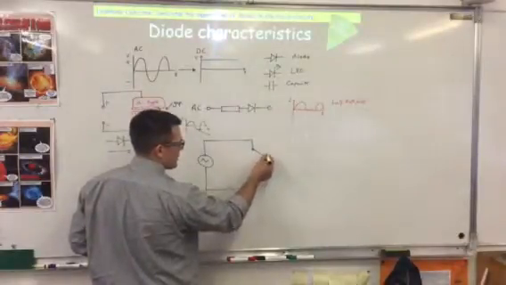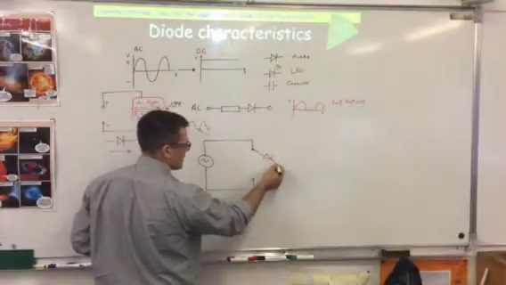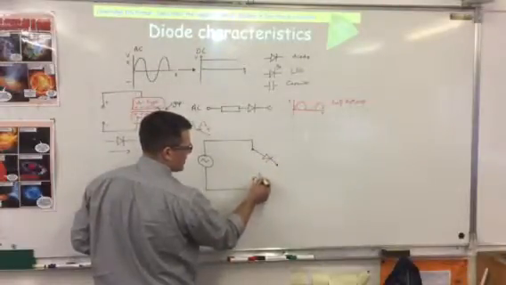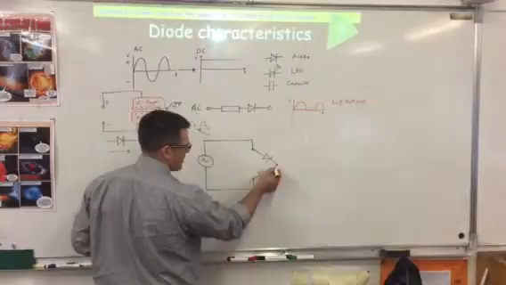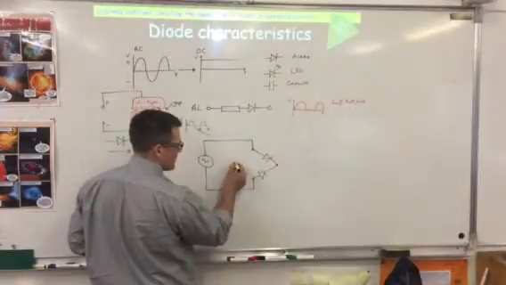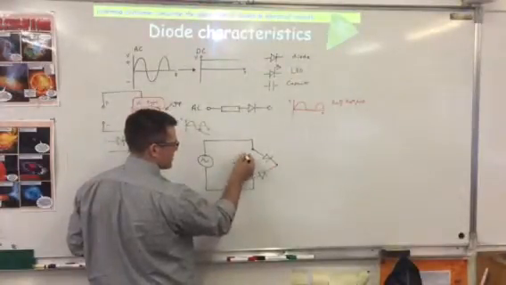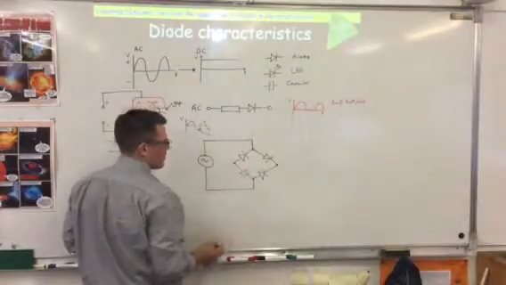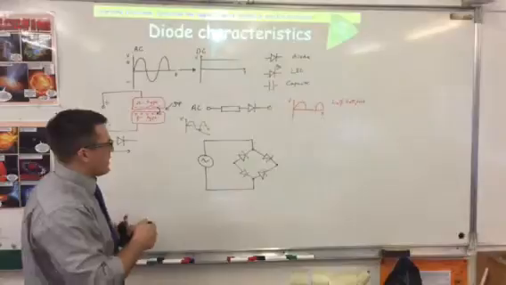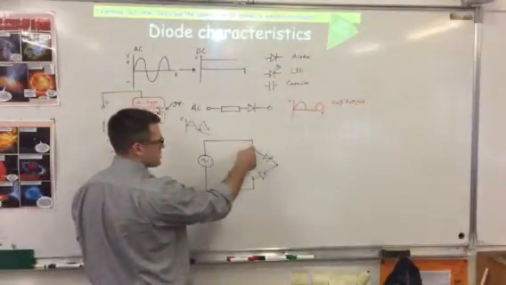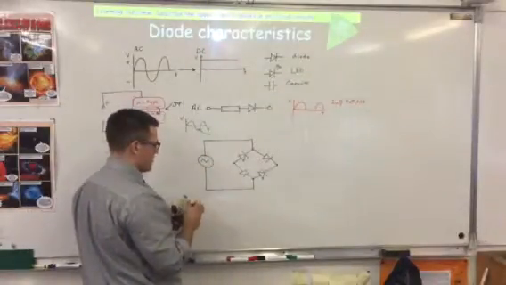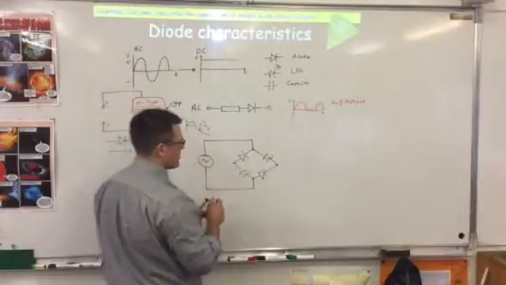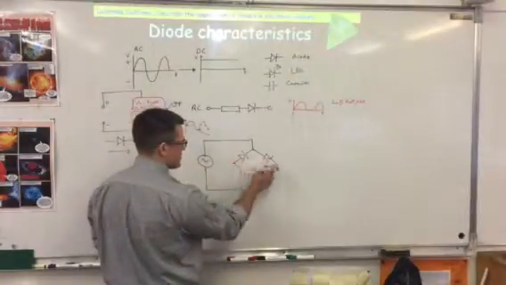So I have my diodes connected like this. I'm going to complete this part of the circuit first, like so. On this diagram you can imagine the two inputs are coming into the top and the bottom of this square, and the outputs are on the sides.